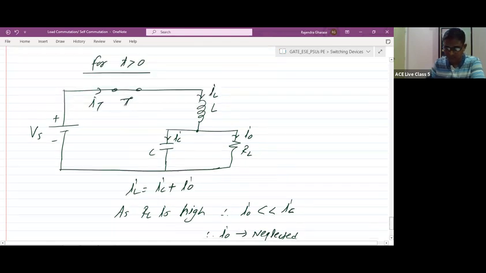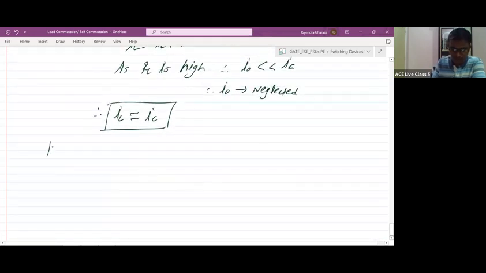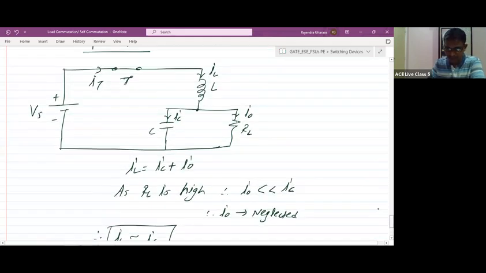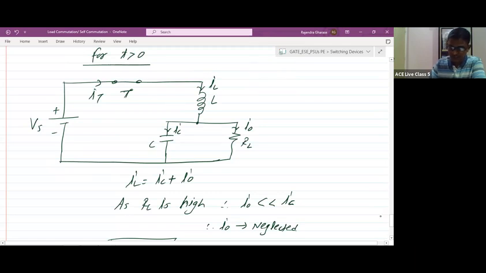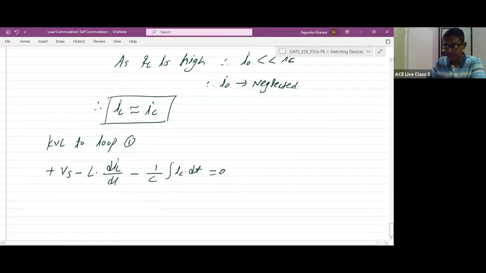Now if we apply KVL to loop 1, what is the equation? We get plus Vs minus L into dIL by dt minus 1 by C integration of IC into dt is equal to 0. But this IC is nearly equal to IL, no?